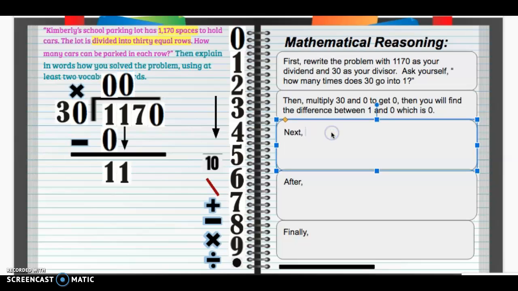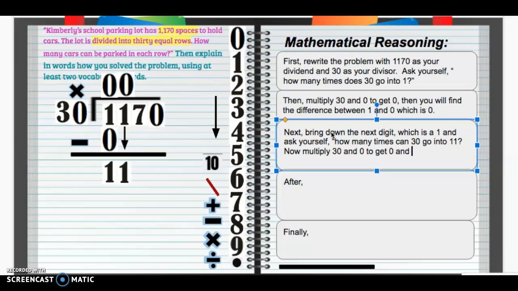So I say, next, bring down the next digit, which is a 1, and ask yourself how many times can 30 go into 11? Now multiply 30 and 0 to get 0, and then subtract to get 11.